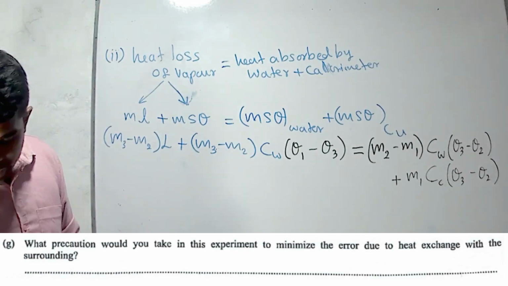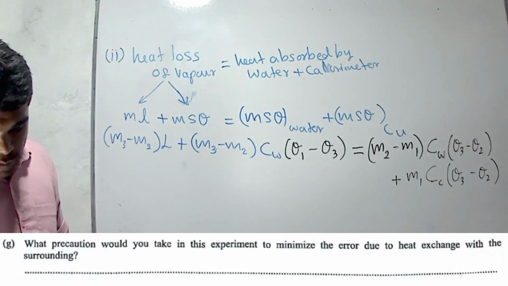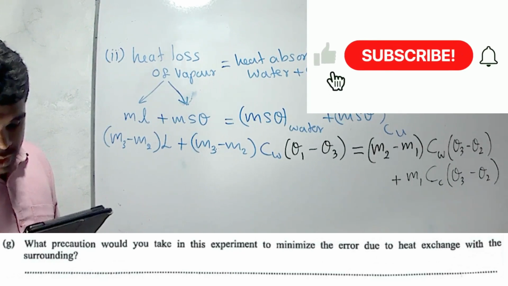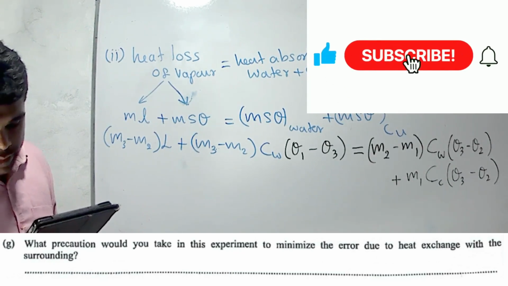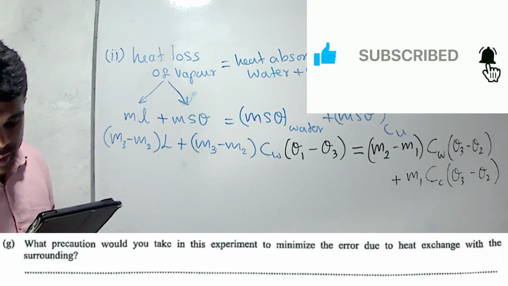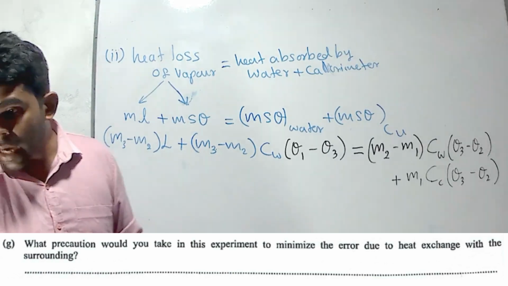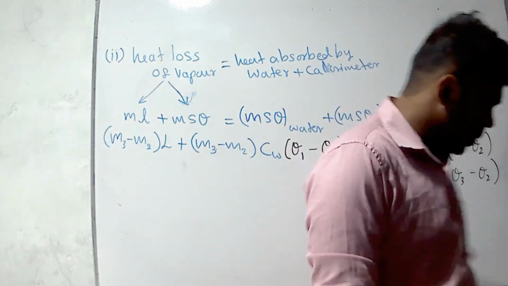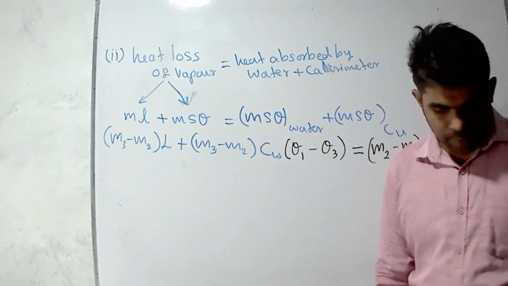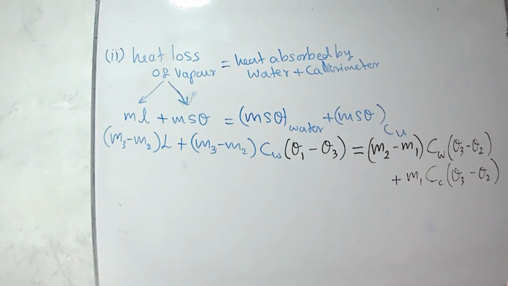Then part G. What precaution would you take in this experiment to minimize the error due to heat exchange with the surroundings? We can do the practical with heat loss correction.